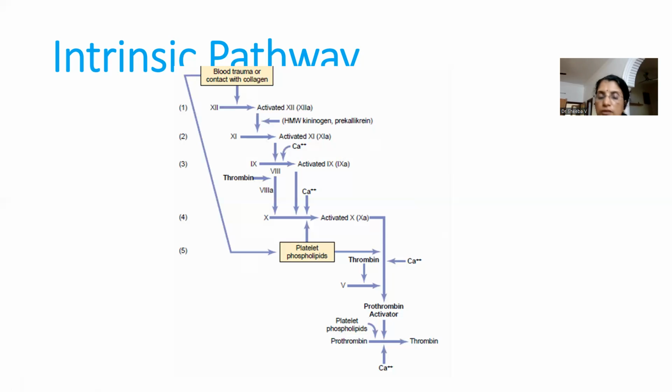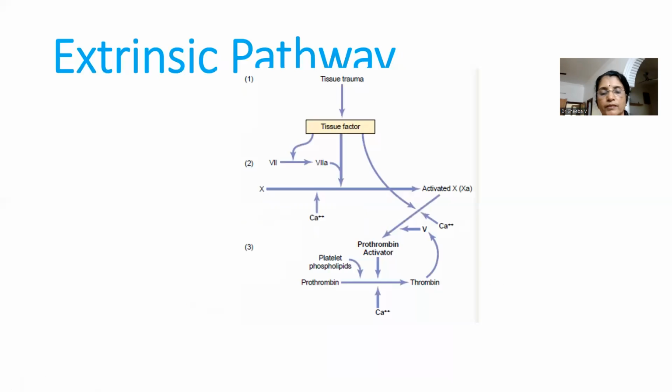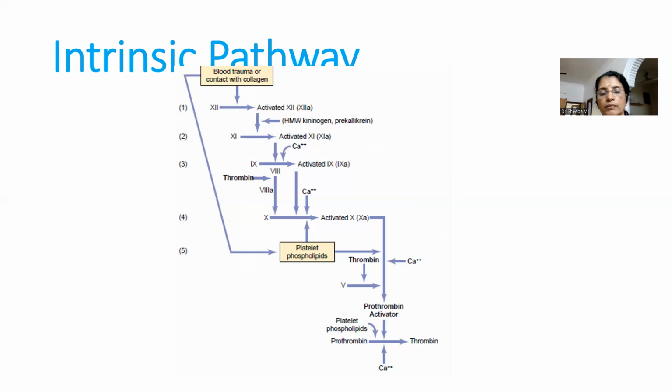Here you can see that in both the extrinsic and intrinsic pathways, activated factor 10 forms the prothrombin activator complex in the presence of factor 5 and calcium ions. In the intrinsic pathway, activated factor 10 in the presence of calcium ion and factor 5 forms the prothrombin activator.